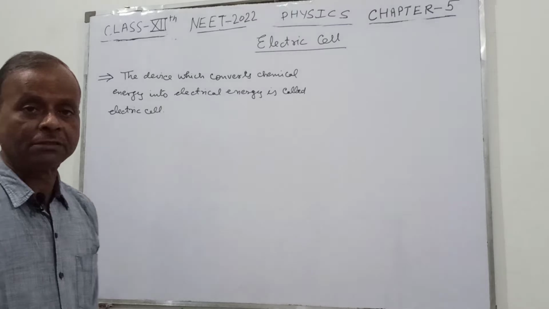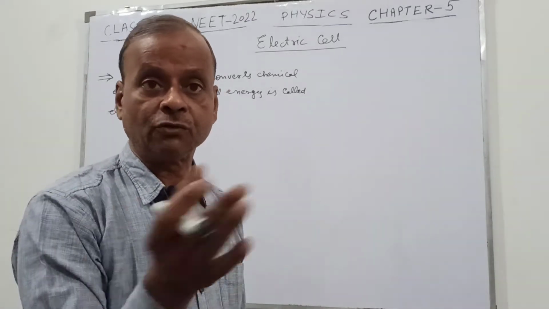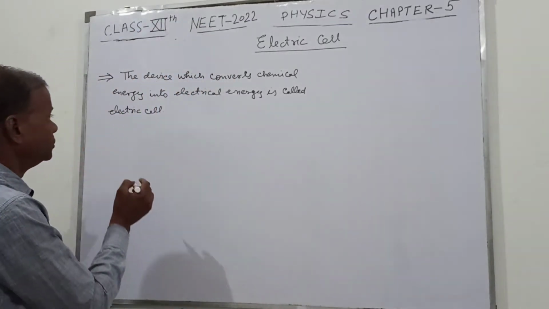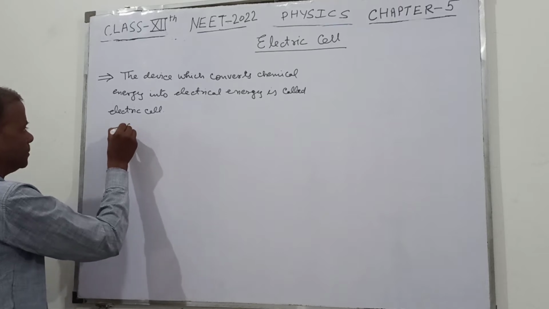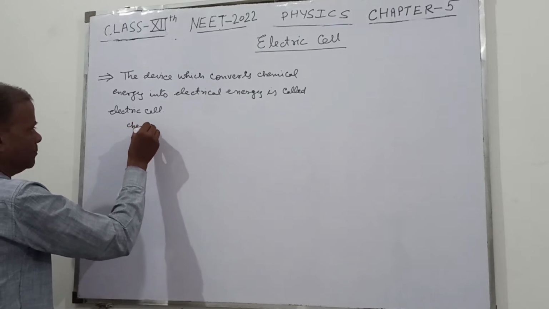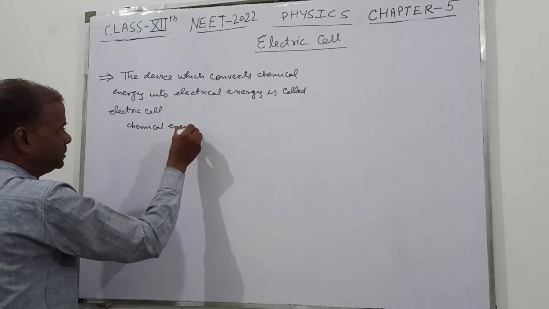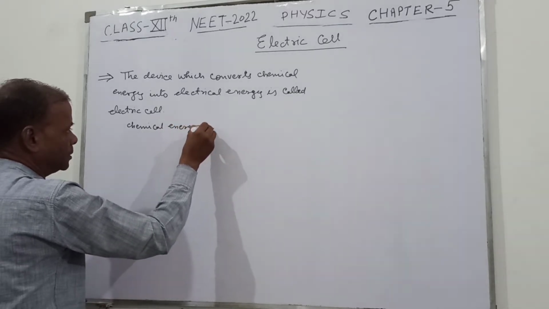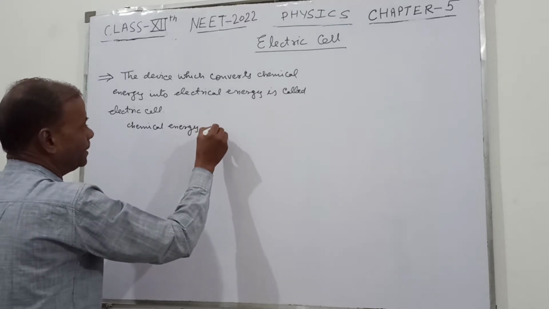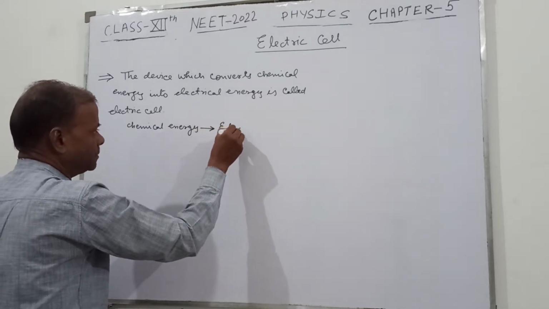Since this is the conversion of chemical to electrical, what we have is chemical energy converts into electrical energy.